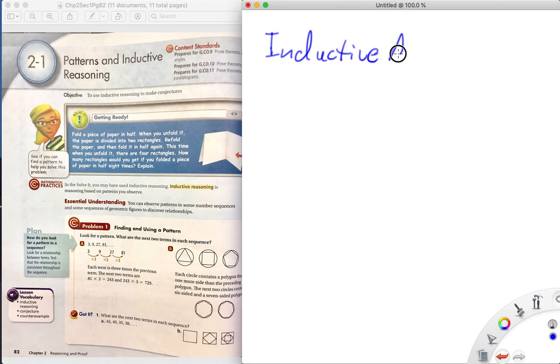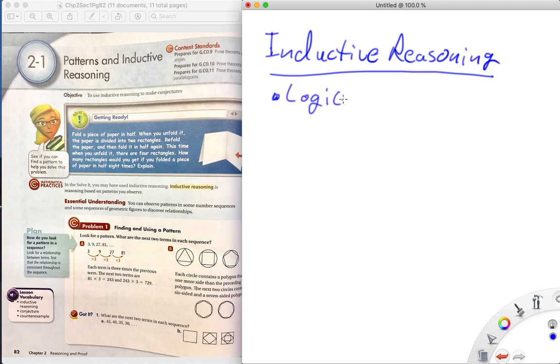And for something to be considered inductive reasoning, it's a situation where you make a logical argument or a logical statement based off of patterns that you observe.